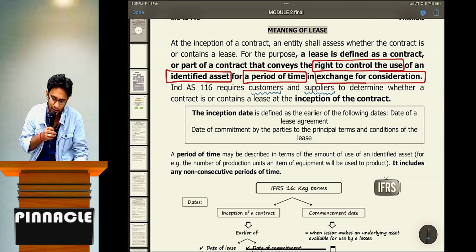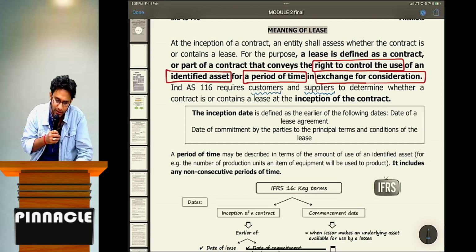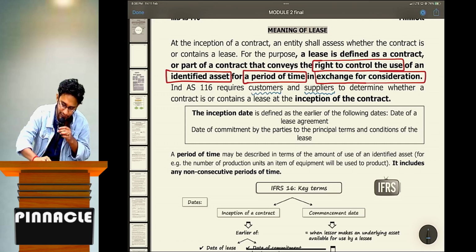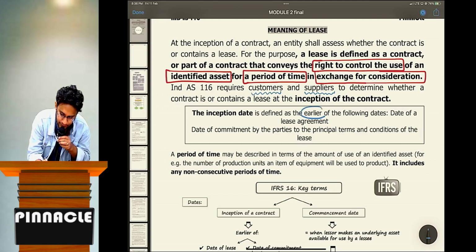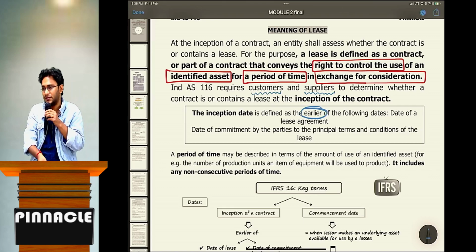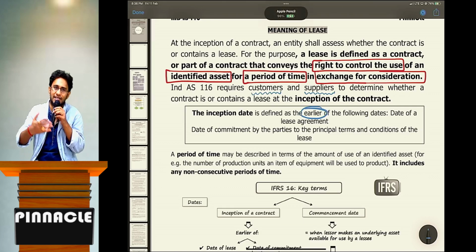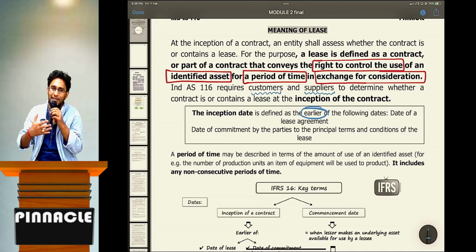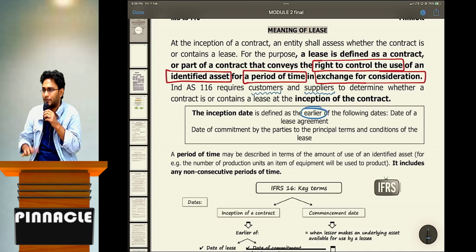Hence, you look at the second point, how they have defined it now: the inception date is defined as the earlier of the following dates. Date of lease agreement or date of commitment by the parties to the principal terms and conditions of the lease, whichever is earlier, sir. Sometimes what happens is, for the sake of it, one agreement we wrote, but full clarity is not there for both of them or for one of them.